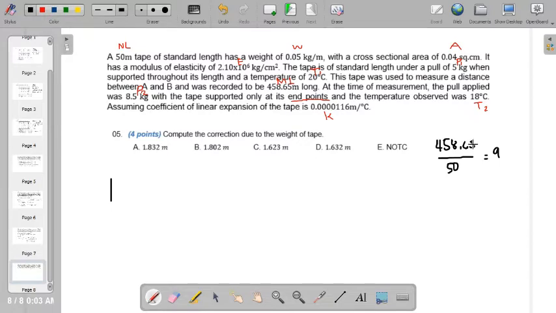But the full length, this is your full stretch, no? Full length is 9, and you have an excess of 8.65. So, 10 pulls, no? All right, so let's try to see this.